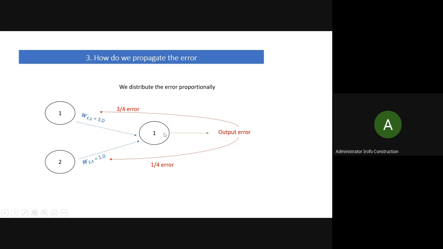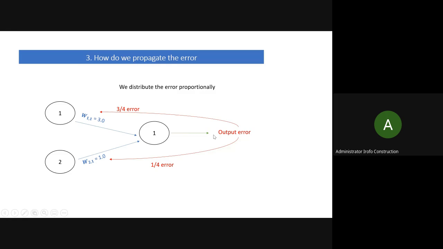In this example, the output came from this final node here, but this final node is connected by two other nodes, like node 1 and node 2. So if this node is getting an error, I just want to take that error and send it back to our first layer, so they can use it to update our nodes.